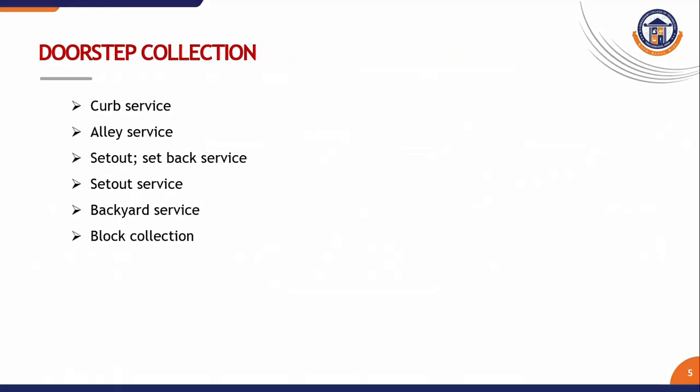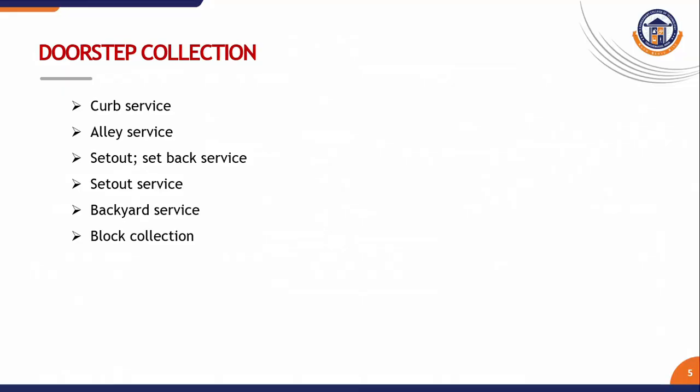Doorstep collection includes curb service, alley service, set out and setback service, and set out service separately. Previously, set out and setback were combined. Then there is backyard service and block collection, block by block, like A block, B block, or block 1, block 2.